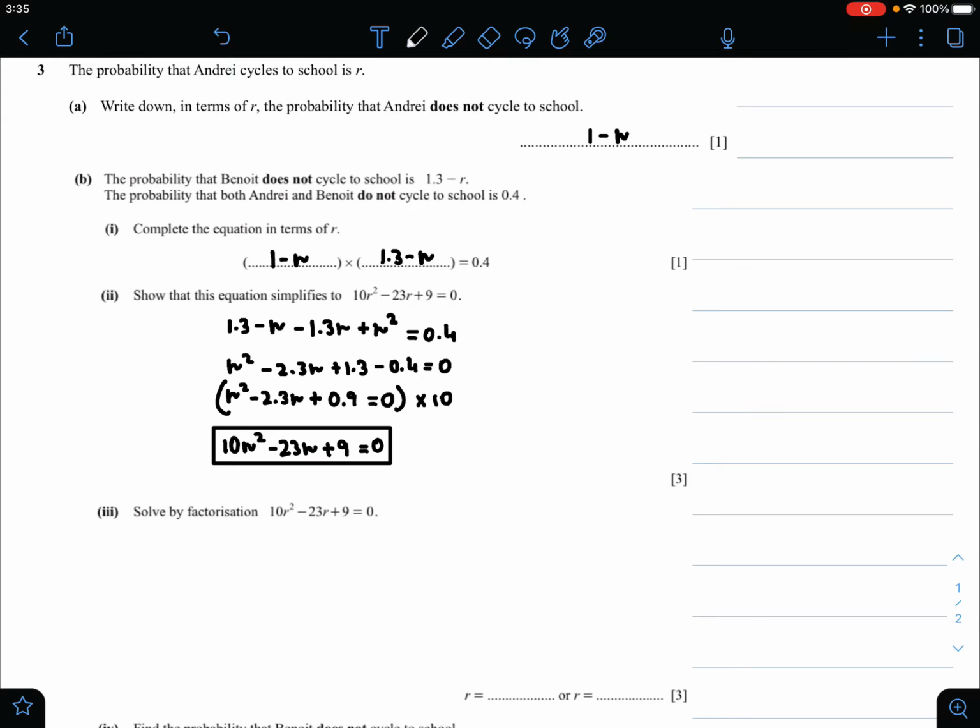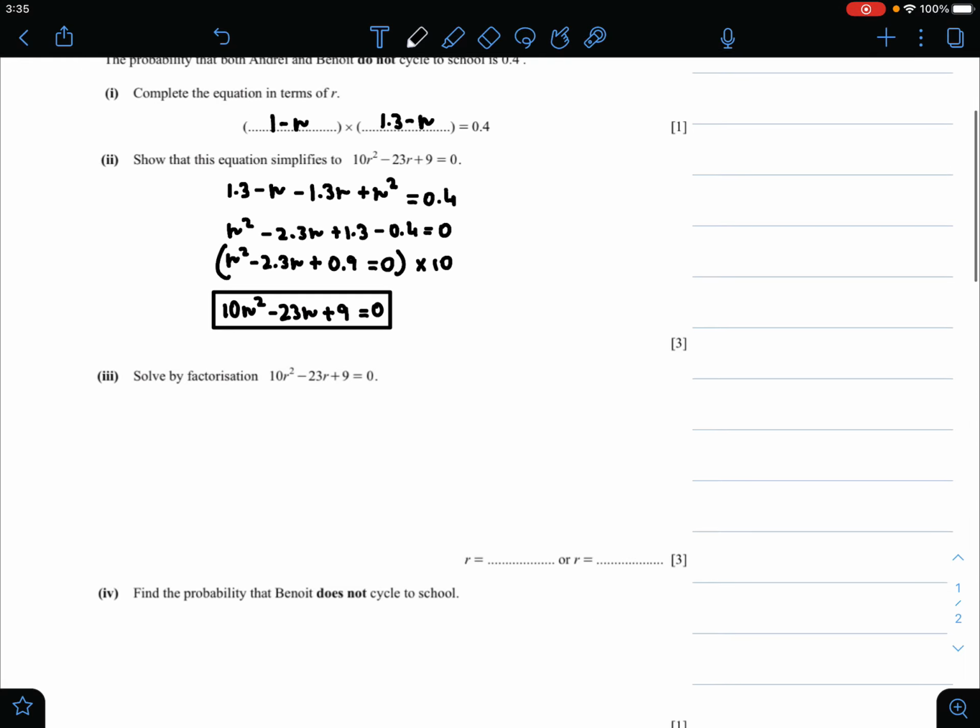Now let's move to B part 3, where they are asking us to solve by factorizing this. So first let's multiply. Since R square has a coefficient, we multiply the coefficient with the last term first. So 10 multiplied by 9, which is 90.